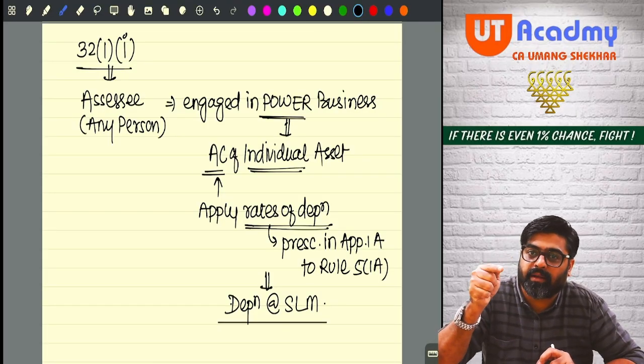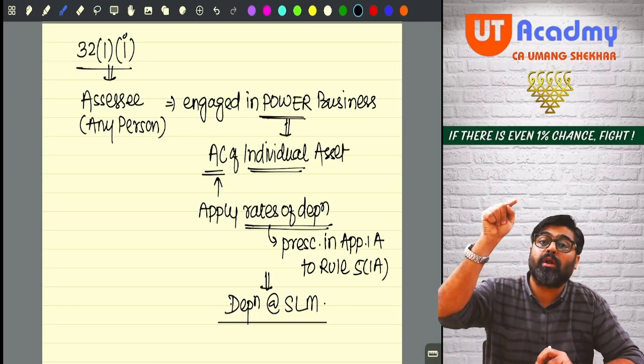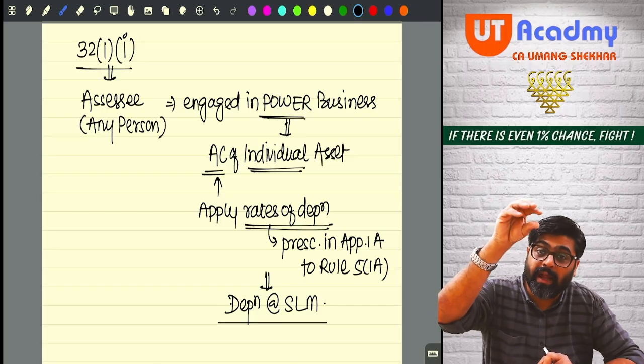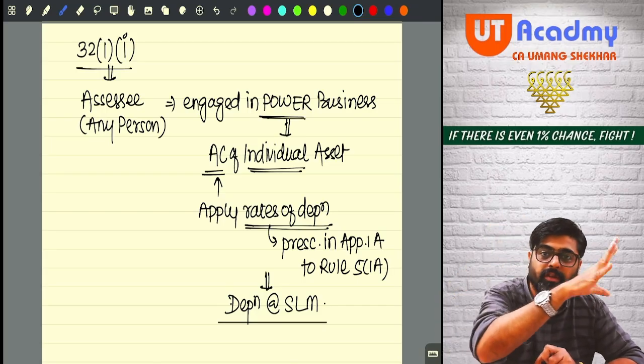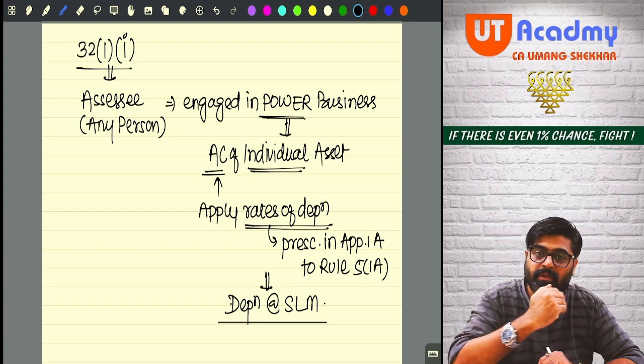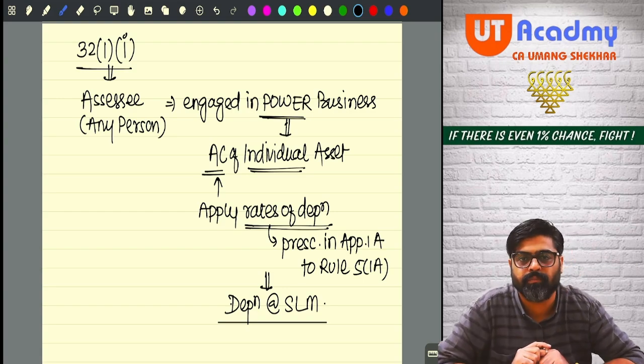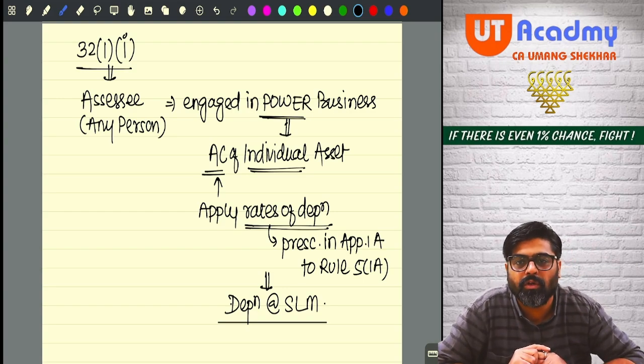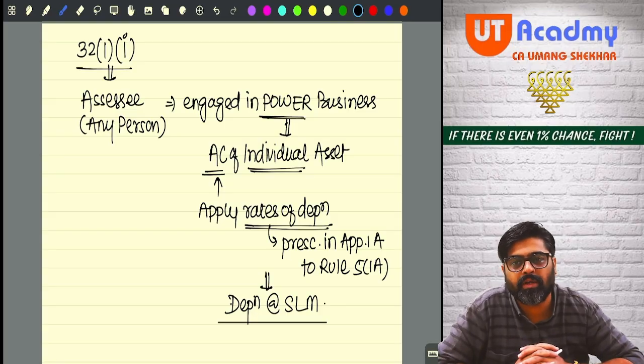Depreciation at that rate will be calculated on that cost and will be allowed on SLM basis. You can claim on SLM basis, we will allow on SLM basis. Yes or no?